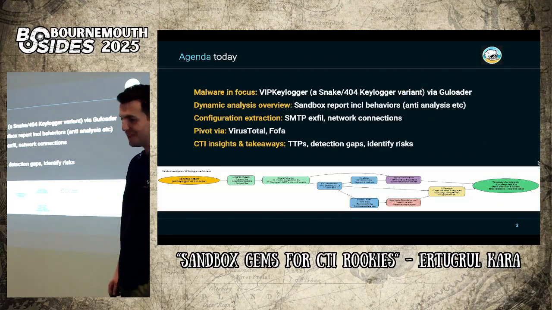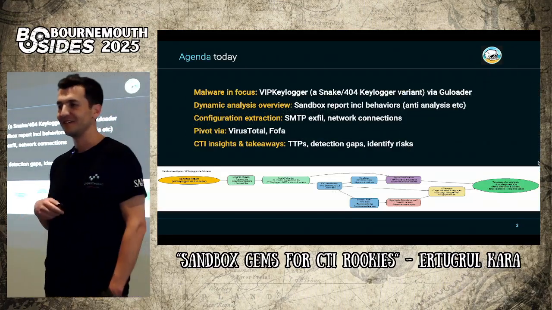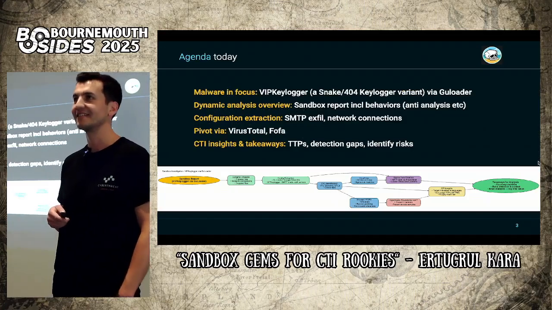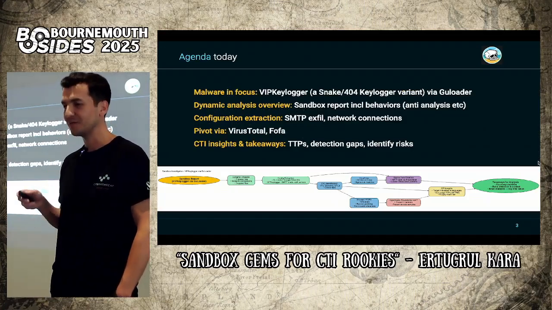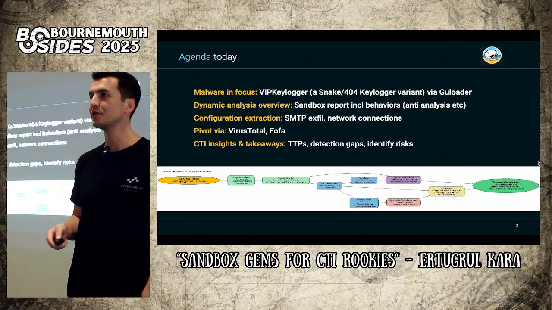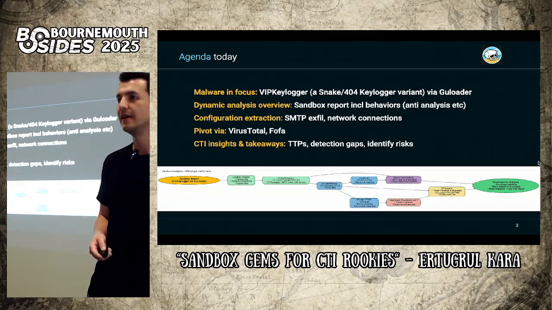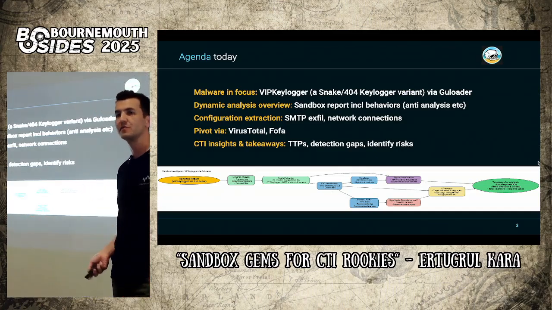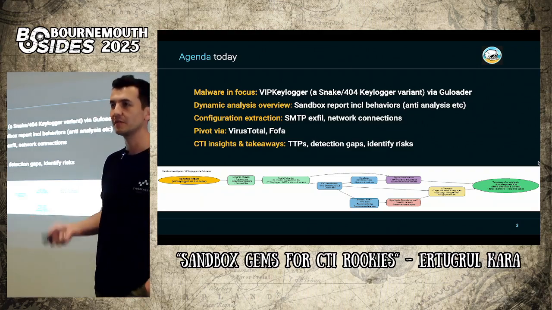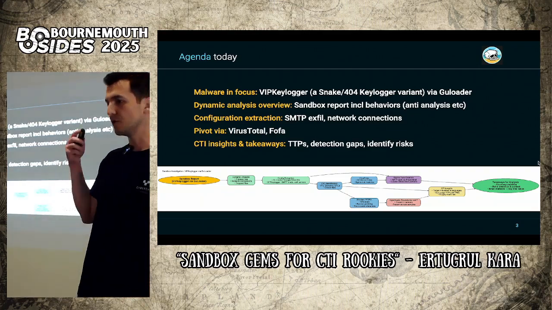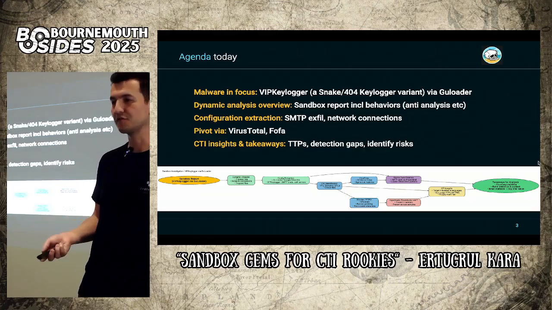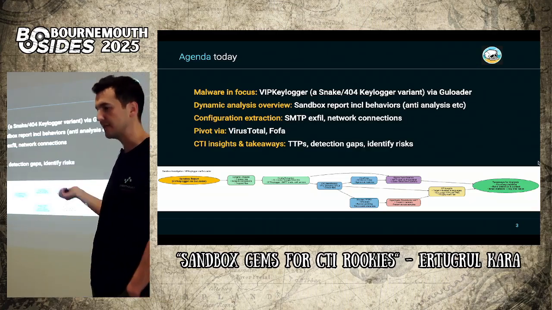So today we will talk about Sandbox, and our focus will be on a commodity malware, which is VIP keylogger. I had my time to take a look at hundreds of Sandbox reports focusing on this specific malware.